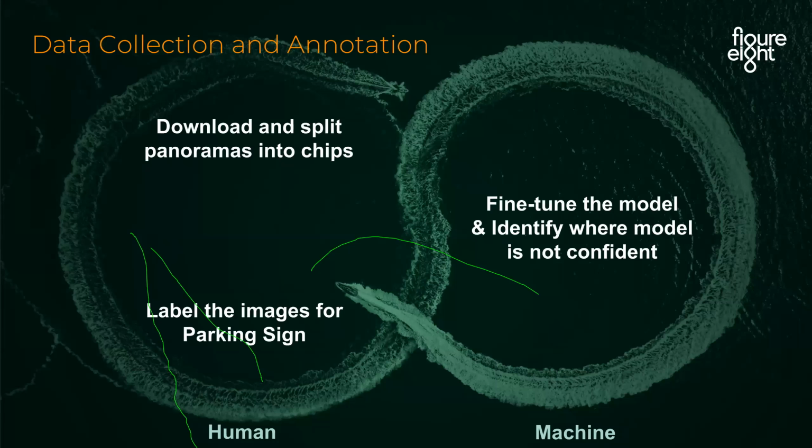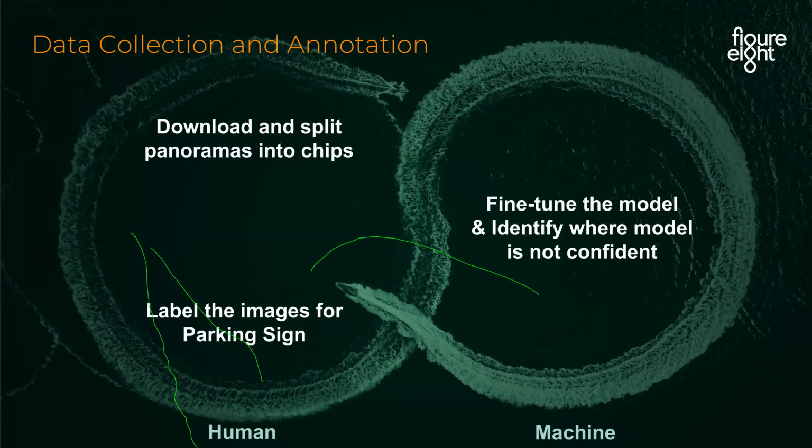So at Figure Eight, we have a sense that human-in-the-loop with machine learning is a good solution at this point. It starts with data collection. Download the panoramic images, which are big in size, and split them into small chips. Then we label a first subset of the data, either randomly or in an intelligent way to select the training set.